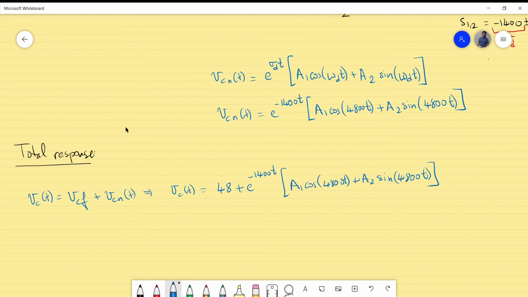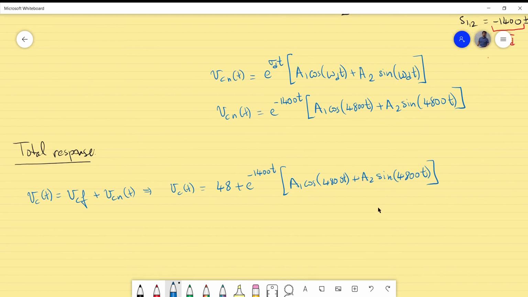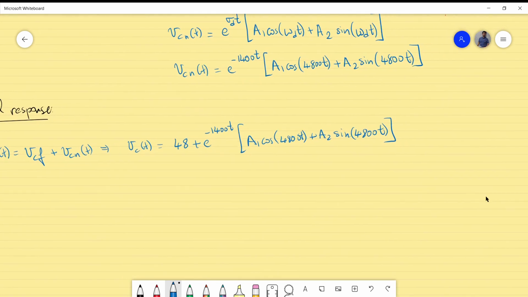We already know we have to calculate the derivative of this to substitute both of the initial values we have determined. So I will also determine the derivative of the expression of the total response. So what is that now? The 48 I will lose, but there is an expression here which needs the product rule. So I will first differentiate this and keep this, and then keep this and differentiate the part in the brackets.